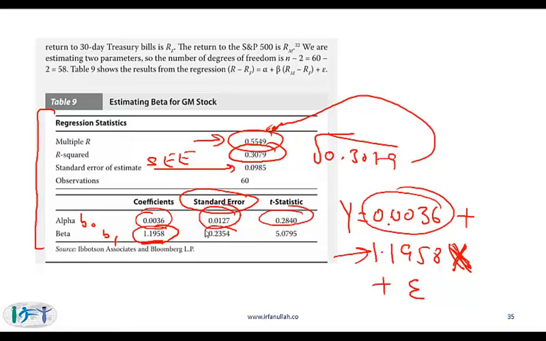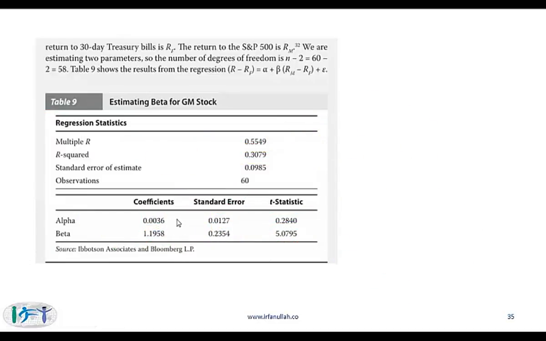It is doing the same thing over here, telling you the standard error and calculating the t-stat. Notice there is actually a relationship between these numbers. The regression software is giving us the standard error and the t-stat.